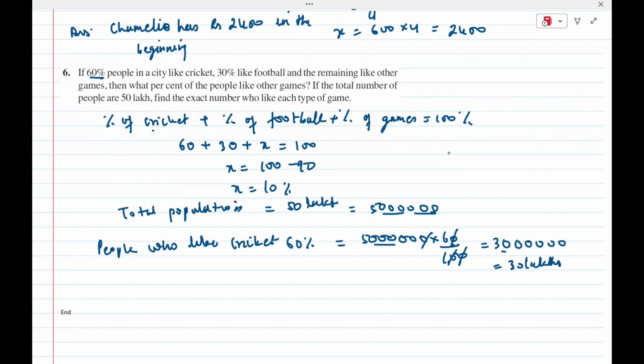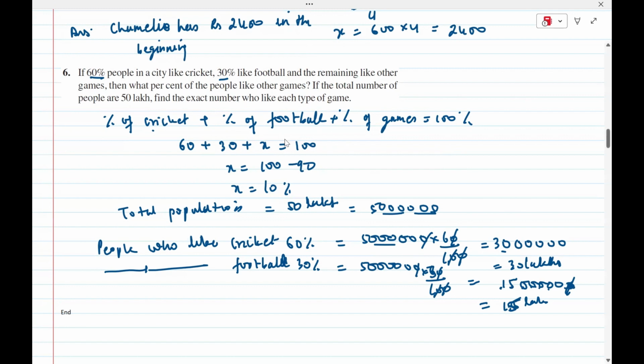Correct? Similarly, you can calculate for football. So people who like football is 30%. So again, 50 lakhs into 30 upon 100. 10 and 10 cancel. It is 15 lakhs. And clear? Okay.